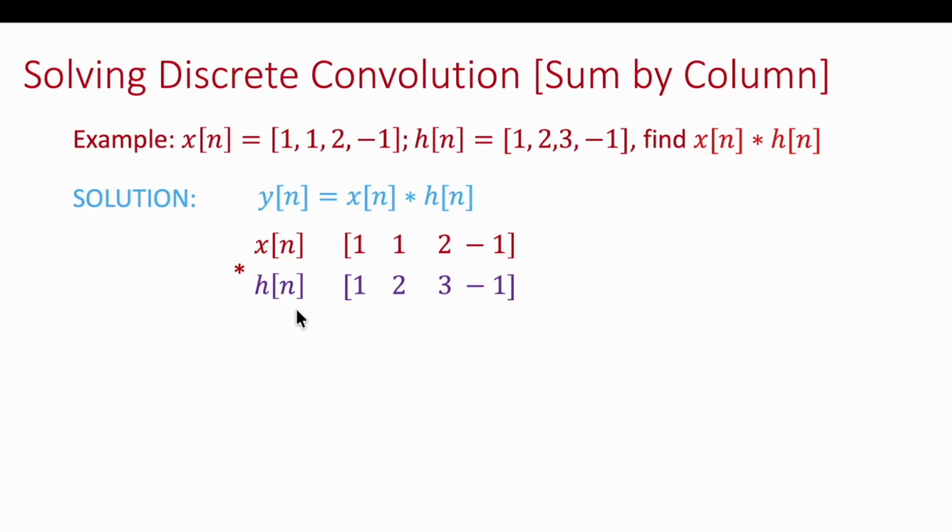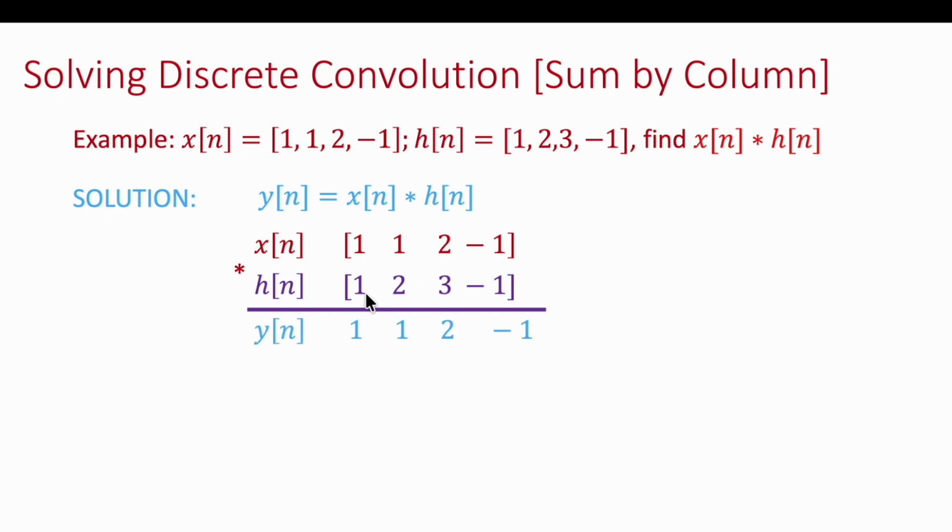In mathematics, with a simple multiplication we usually start from this element and keep moving toward the left side. This is the same process, but we will move in the reverse direction. We start from this element, multiply it by all the elements of x of n, and then move toward the right side.